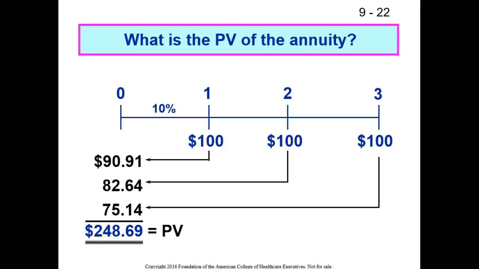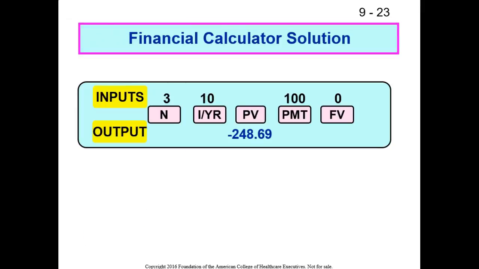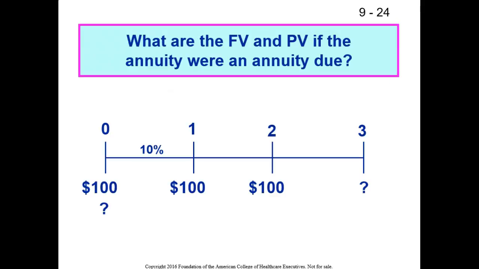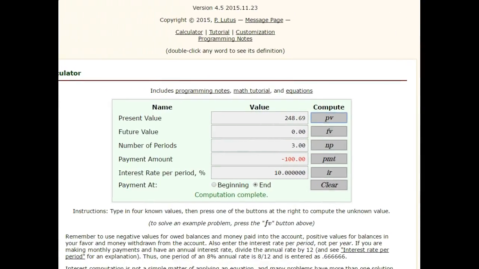Okay, I think your skills are almost complete. Let's take a look here. There is the calculator solution, which we just did, and we got the correct number there, so that looks great. Now, let's take a look at what the future values and present values are if the annuity were an annuity due. Remember, it has that weird one where it's happening at the beginning of the pay periods. Well, this one, we're going to bring it back and flip the button to beginning.